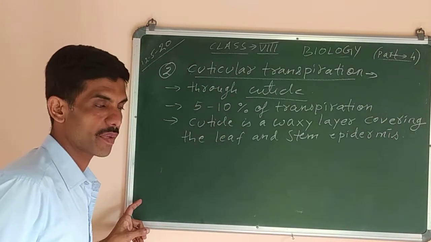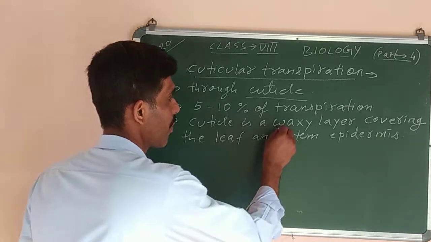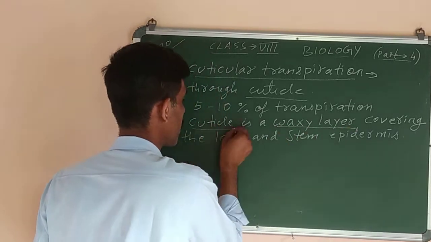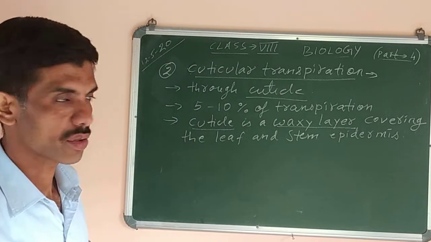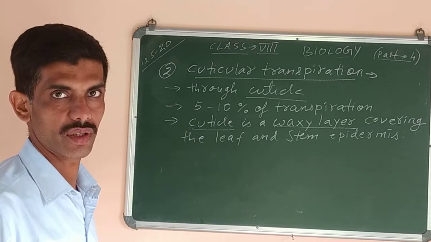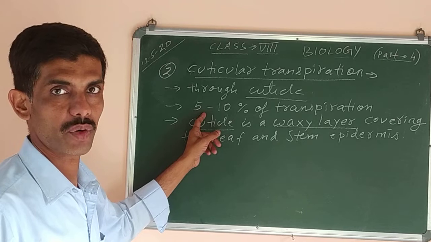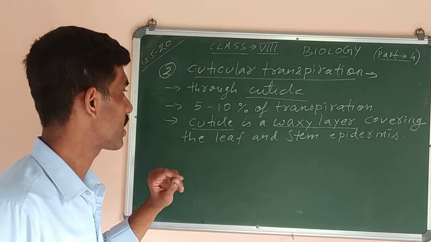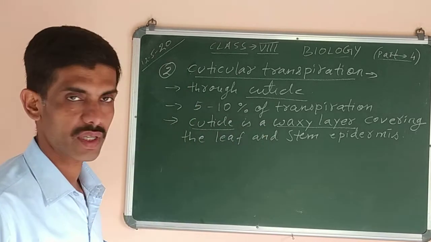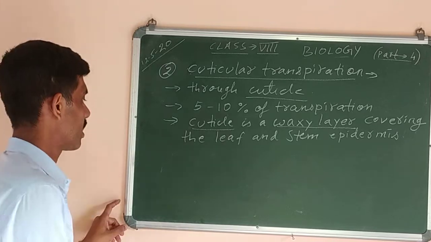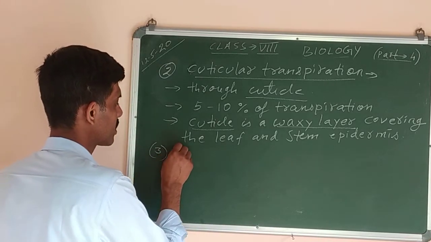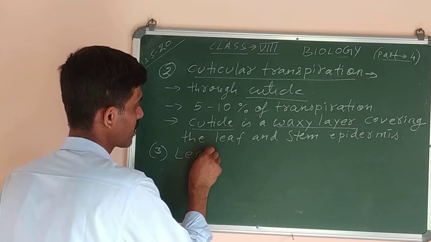It means the outer layer of leaves and stems is covered by a waxy layer or coating, that is called cuticle. Understood now? So this is the second type of transpiration, that is transpiration through the cuticle. 5 to 10% of total transpiration occurs through the cuticle, and it is a waxy layer which covers the stems and leaves. Now, third type of transpiration, it is called lenticular transpiration.